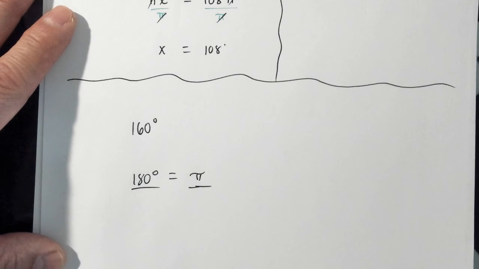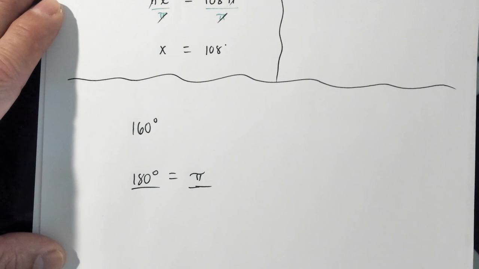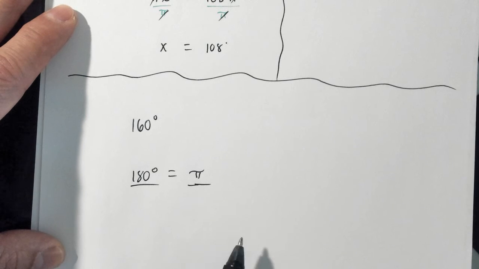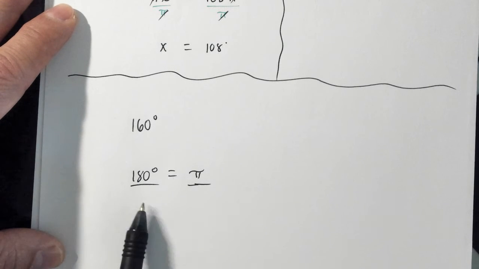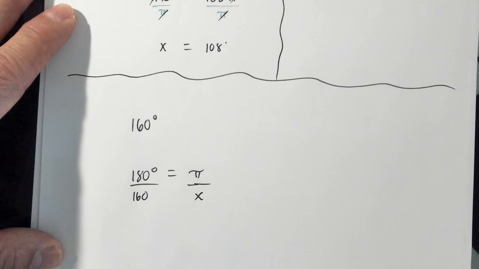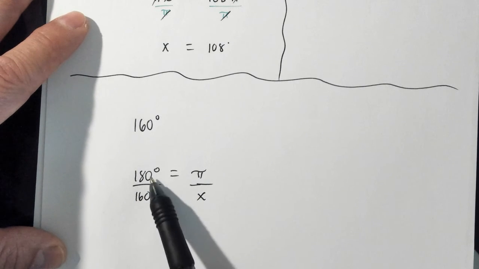There you go. Looks like a funky frowny face. Anyways, degrees on the left, radians on the right. I'll put that 160 right here, and then I'll put my unknown right there. Then I'm going to cross multiply, even though I could reduce right here.